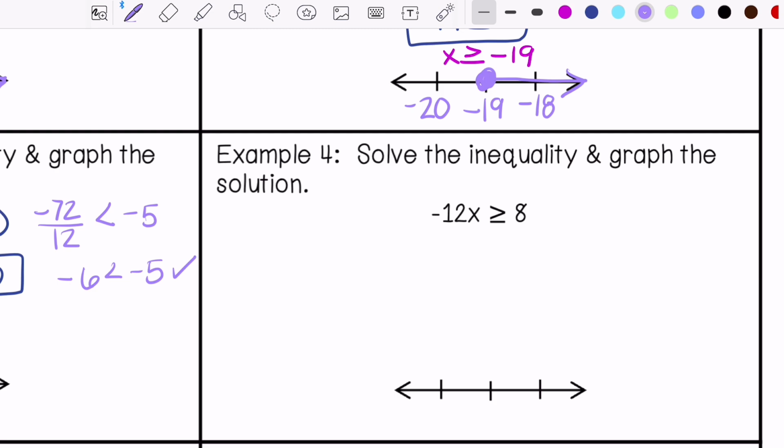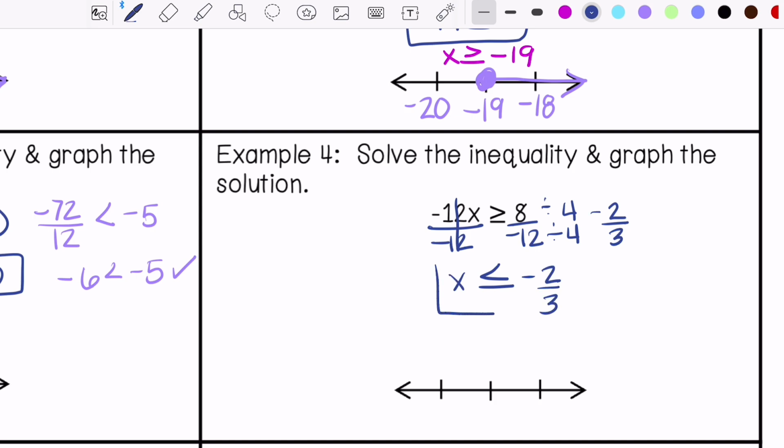All right, x is being multiplied by negative 12, so I'm going to divide. We are dividing by a negative number, so I need to flip this. I'm just going to simplify this using the greatest common factor. So negative 2/3, also known as negative 0.6 repeating.